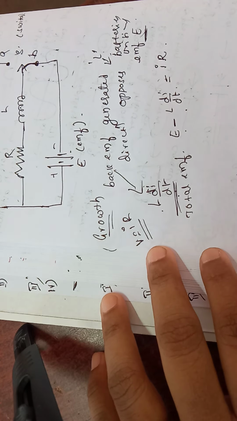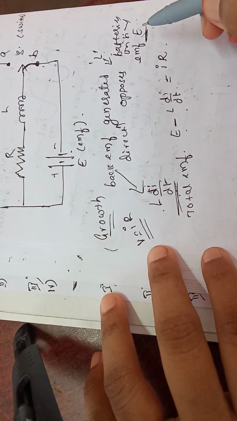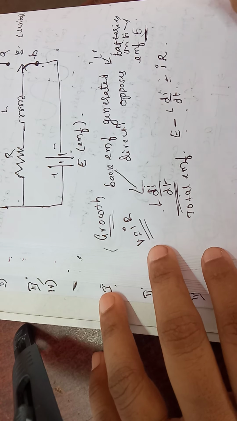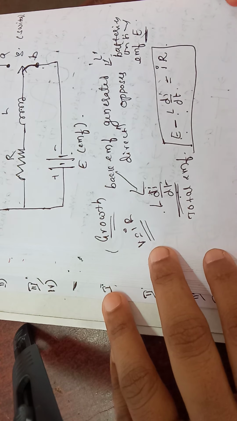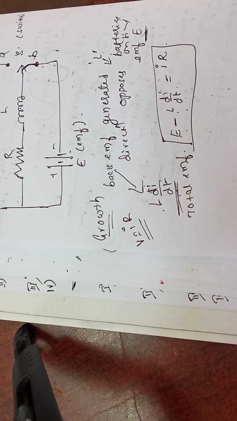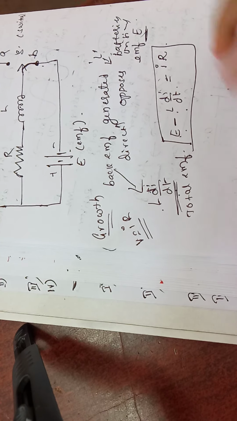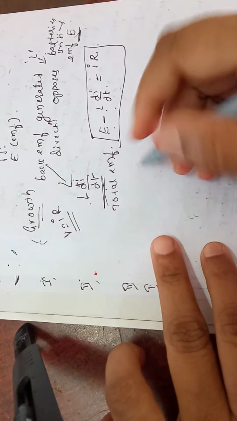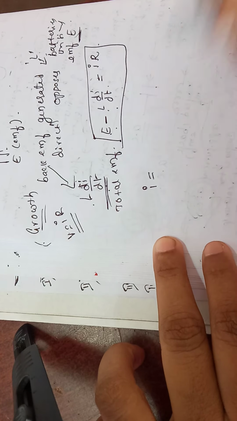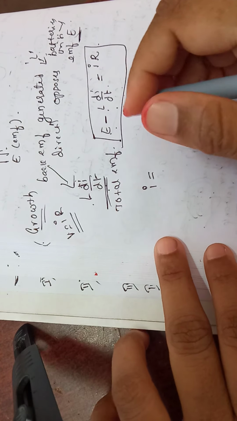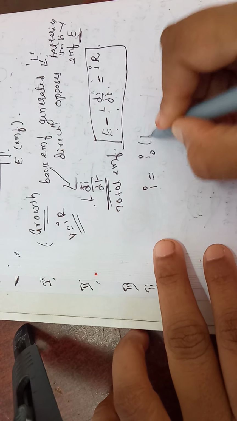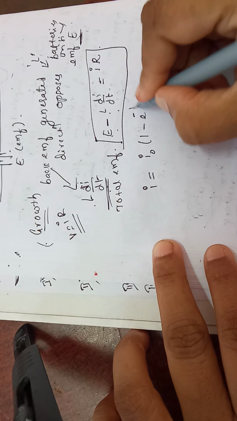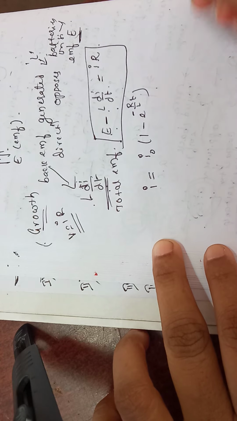The total EMF in this LR circuit, the inductor-resistor circuit, is E minus L di by dt equals IR. After some mathematical calculations, we get the total current I equal to I naught into 1 minus e to the power of minus R by L into t.